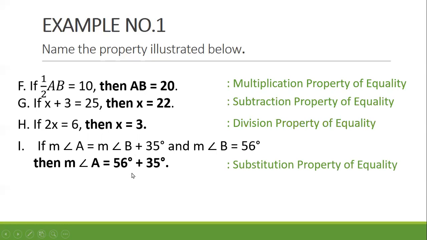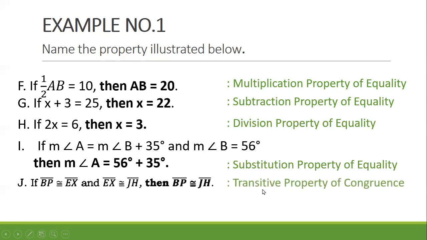Ini-replace niya po si measure of angle B. Next is letter J. If segment BP is congruent to segment EX and segment EX is congruent to segment JH, then segment BP is congruent to segment JH. So, we use the transitive property of congruence. Congruence because we use the congruent sign.